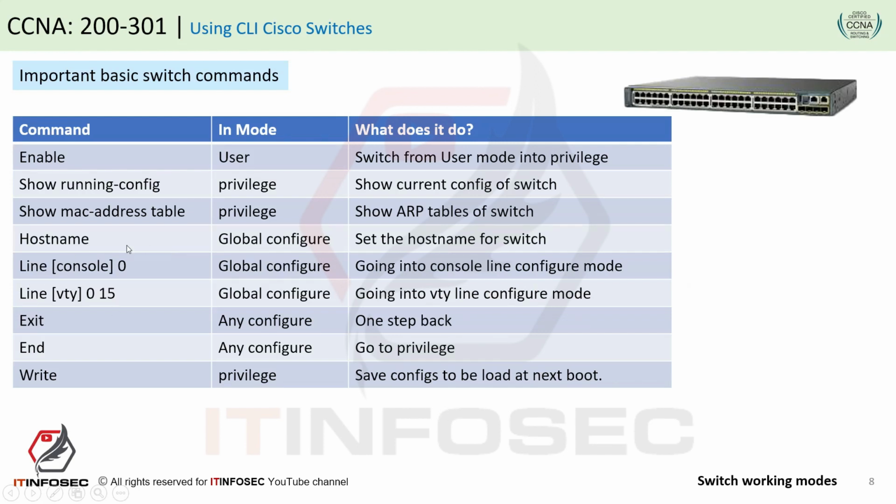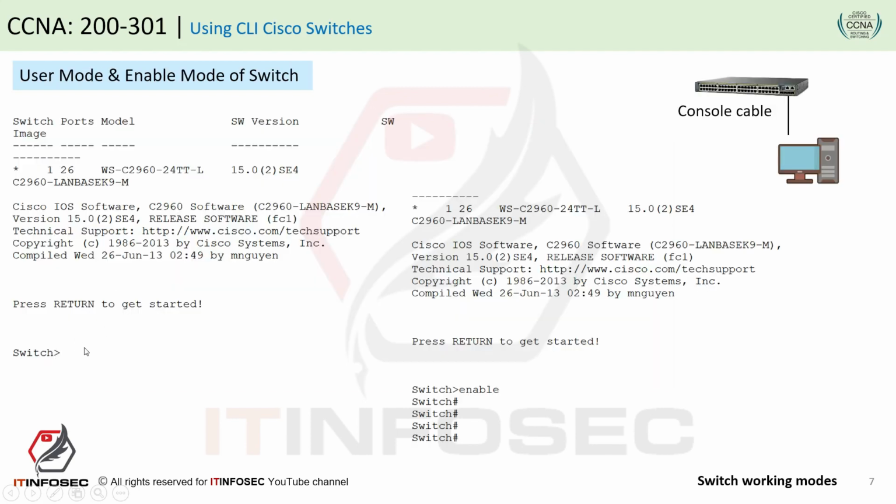The host name in global configure. After the user mode, this is the first mode, user mode, okay? This was user mode. After that, you can use the enable command to enter enable or privilege mode. Okay, this is the first mode of the working switch area. The next mode is global configure mode, for configuring global items of the switch.